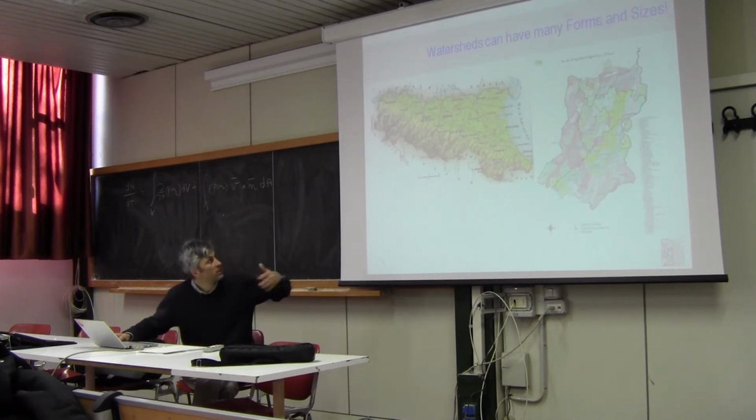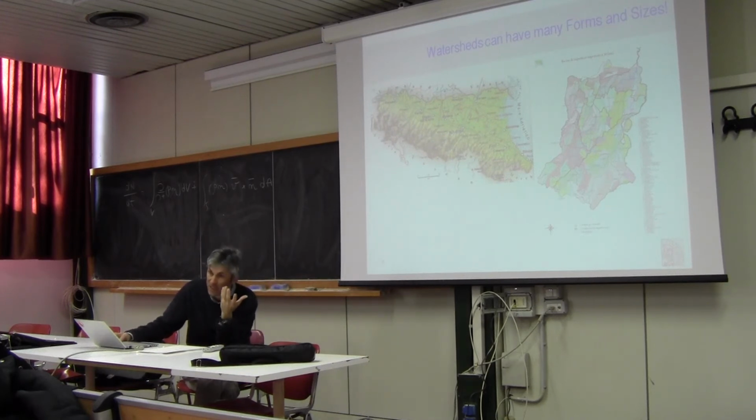Okay, this is a slide that explains that watersheds can have different sizes and forms. This is a very important concept because to understand how a catchment reacts to rainfall is a very complicated issue. And it's not yet clear what determines the shape of the hydrograph.